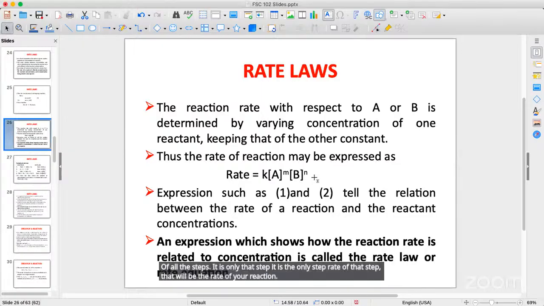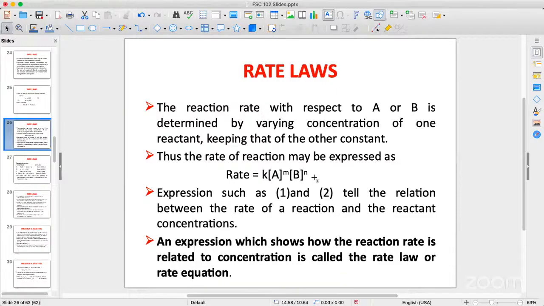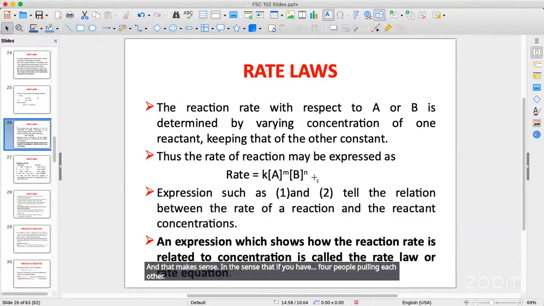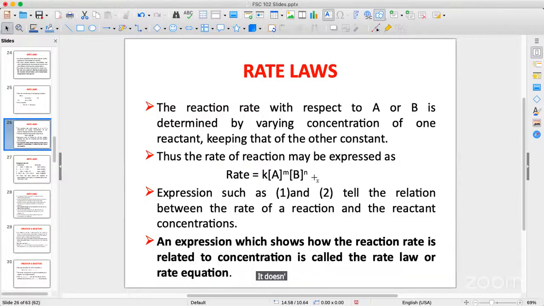And that makes sense in the sense that if you have 4 people pulling each other, it doesn't matter how fast the fastest man of the 4 is, the slowest man will determine the rate at which you move. It's the same logic here.